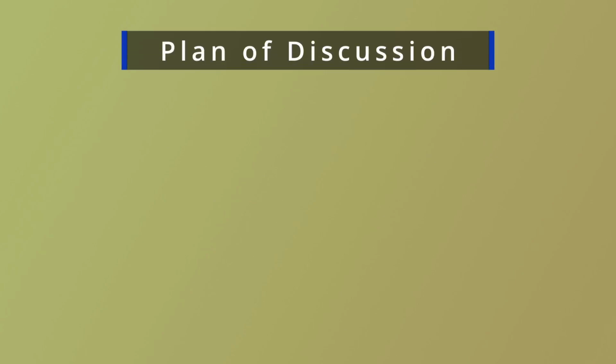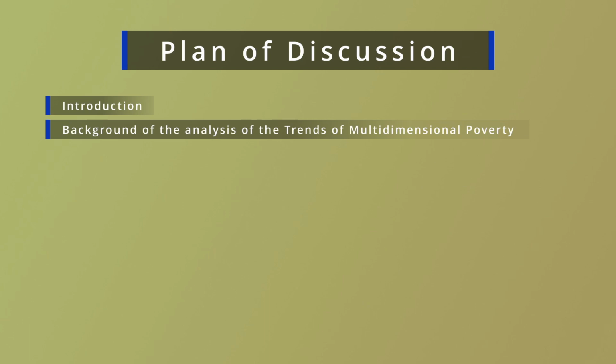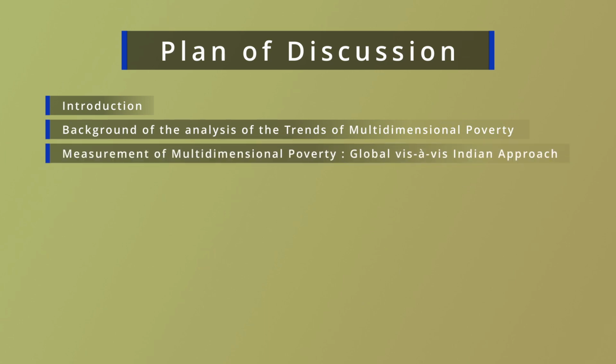The present module consists of 6 sections. Section 1 is the introduction. Section 2 highlights the background of the analysis of the trends of multidimensional poverty in India. Section 3 explains the measurement of multidimensional poverty following two different approaches: one is the Indian approach, another is the global approach.